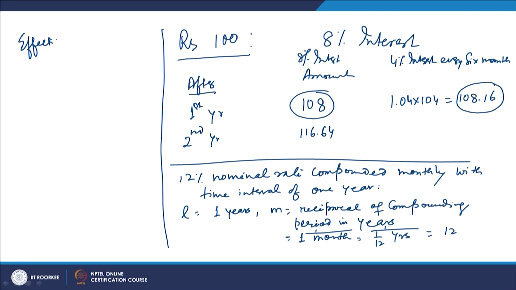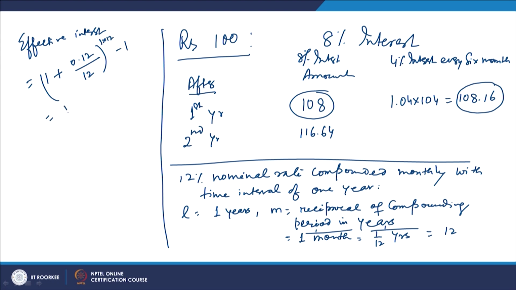So, for this 12% interest compounded monthly, for an interval of 1 year, it will be 1 plus 0.12 by 12, the nominal interest rate divided by m, raised to the power 1 into 12, minus 1.